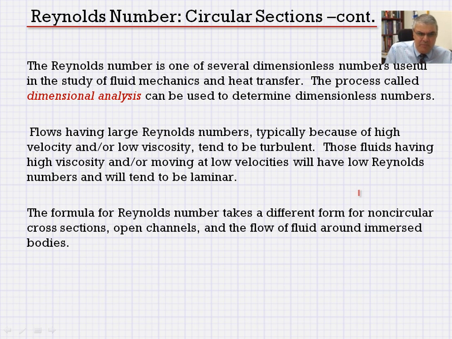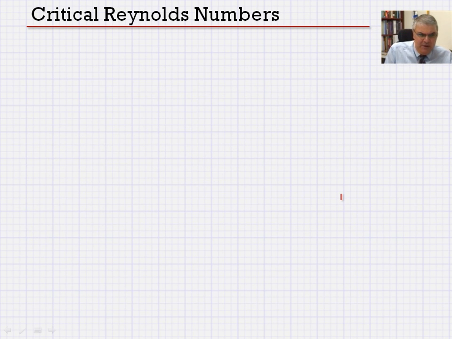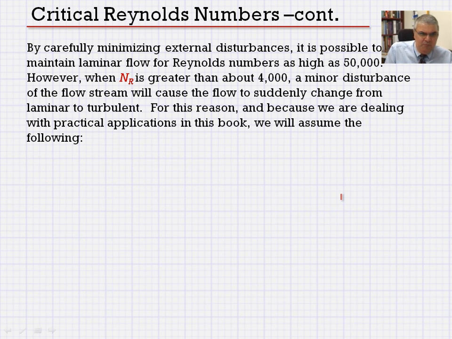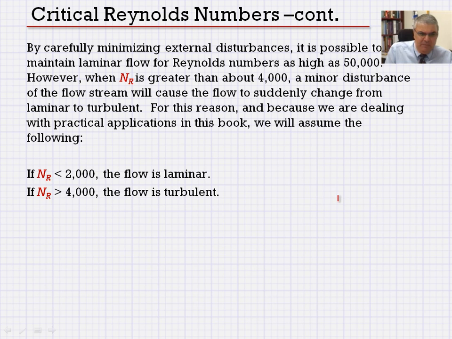If we have a higher Reynolds number, that means the flow is turbulent. If we have a lower Reynolds number, that means the flow is laminar, and in between it's the transition zone. The upper and lower boundaries for the Reynolds number are 2000 and 4000, and this is for all practical purposes.